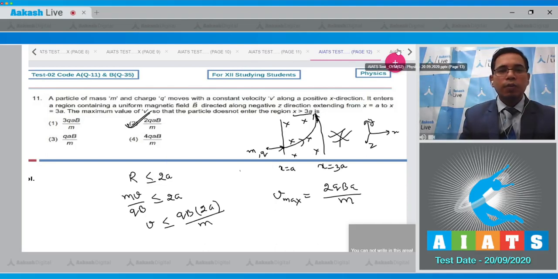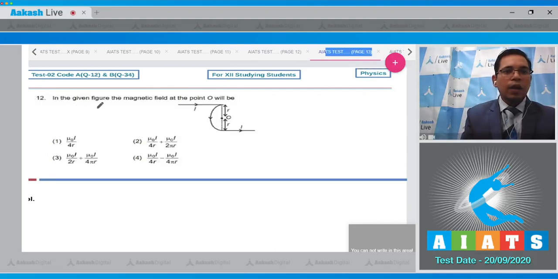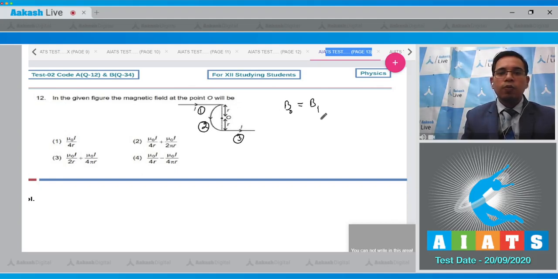Now move to question number 12, which states that in the given figure the magnetic field at point O will be. Now dear students, here there are three parts. One part is this, second part is circular, and third part is a semi-infinite wire. Now we know that B at O will be equal to B1 plus B2 plus B3, but these are with vector sign.